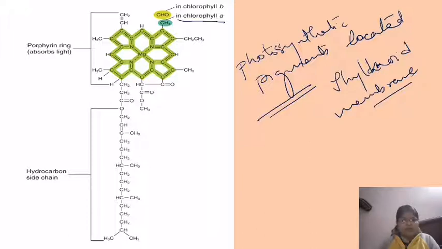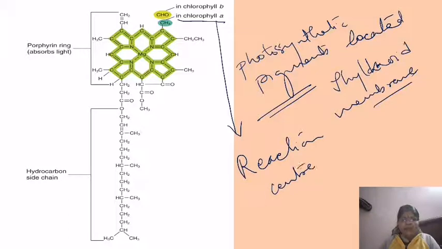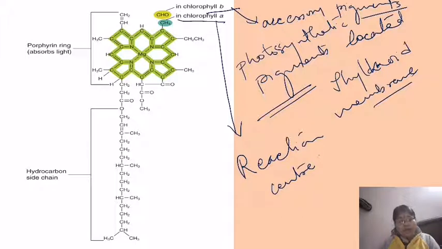And you know that chlorophyll A acts as your reaction center. We will talk about it more. And chlorophyll B is basically acting as your accessory pigment. And if you look at the entire living system where photosynthesis is taking place, they will have chlorophyll A. Okay, so if you look at this molecule, it has got a long hydrocarbon chain, and it has got a porphyrin ring, and this ring-like structure is also present in your hemoglobin molecule.